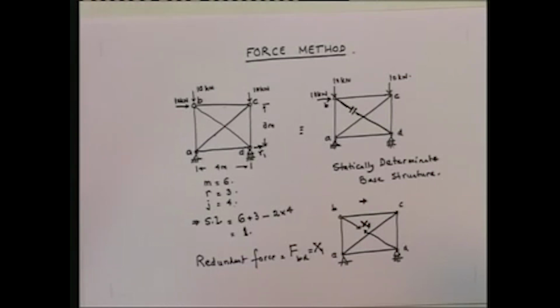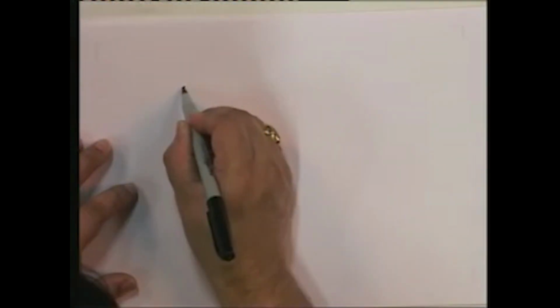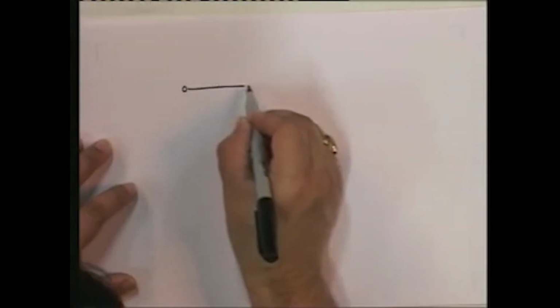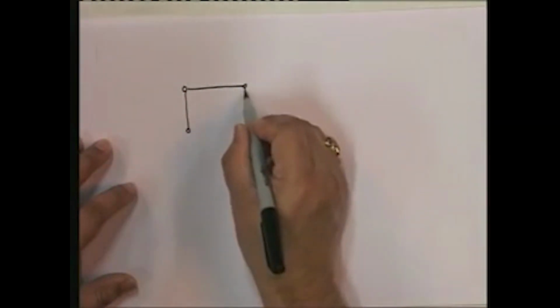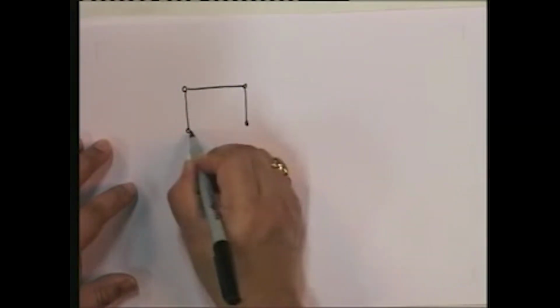So let us look at the base structure firstly, and let us analyze it. Here, assume that all 6 members have the same EA values. I'm looking at only the base structure now, the statically determinate one, where the redundant force is 0.